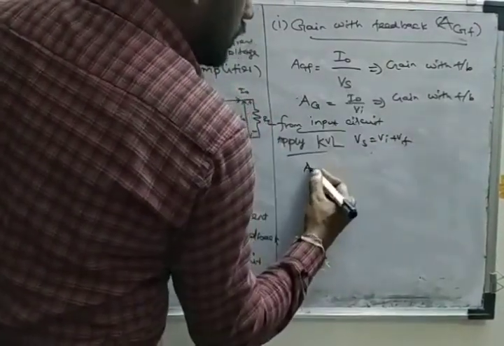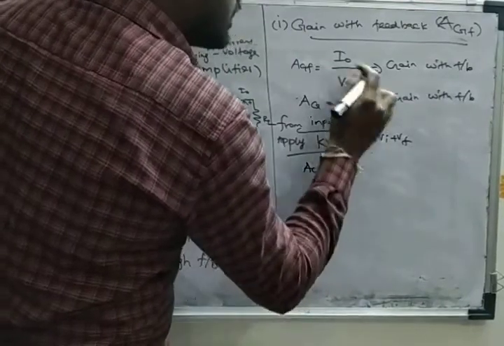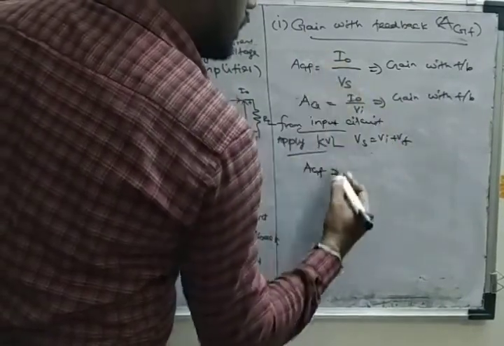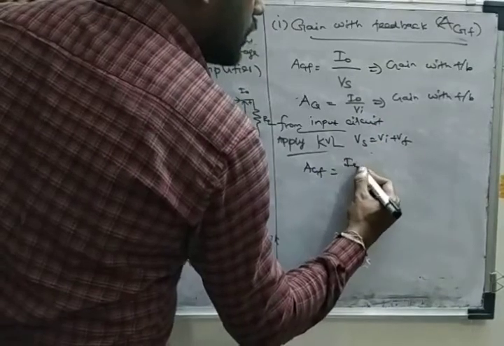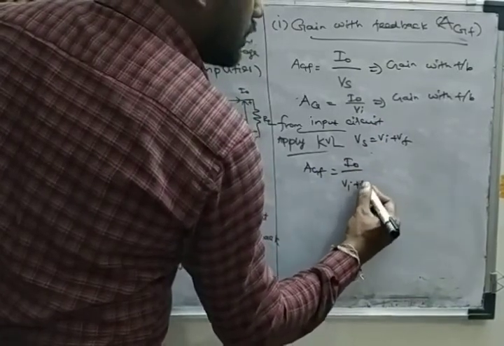So substitute Vs in AGF, you will get Va plus Vf.